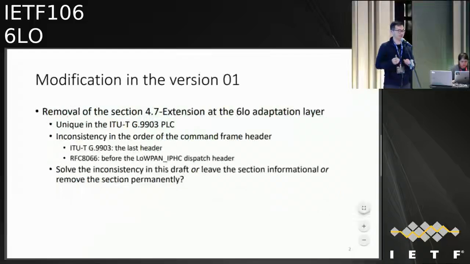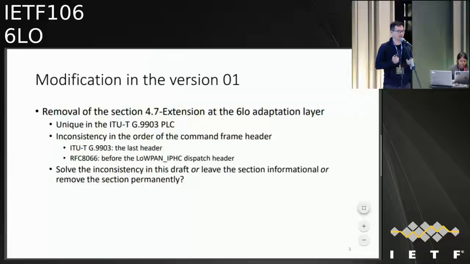For now, we have removed the section about the extension as the 6LoWPAN adaptation layer. We just removed it for now, because it is the extension about the command frame header, which is currently unique to the ITU-T G.9903 PLC, and in the other two PLCs in the draft, we have no use case for this command frame header yet.